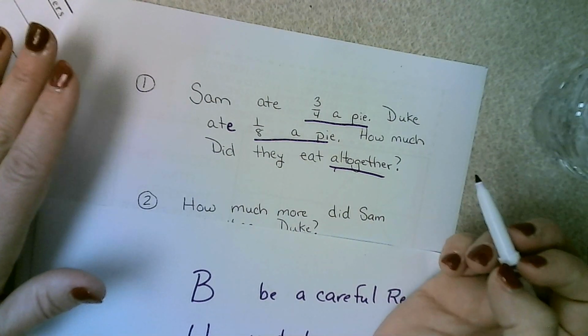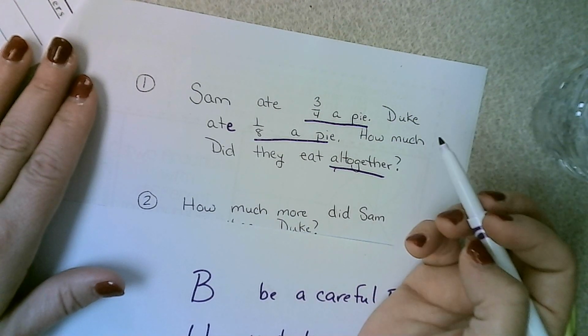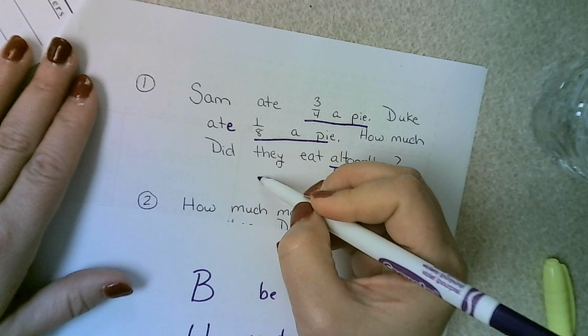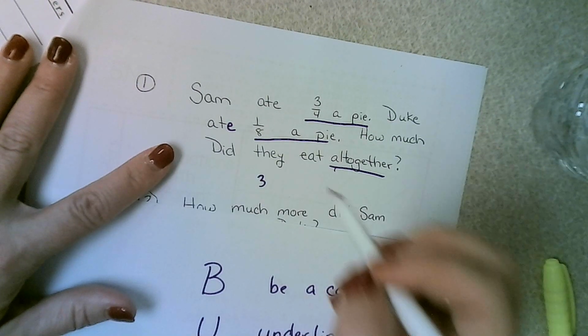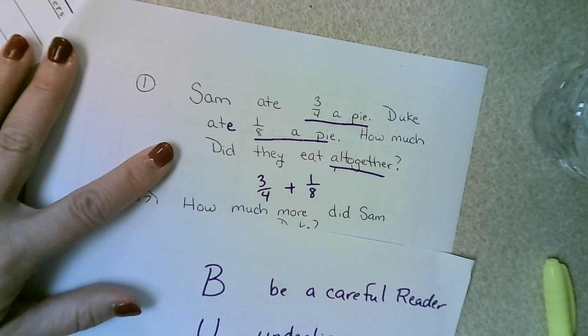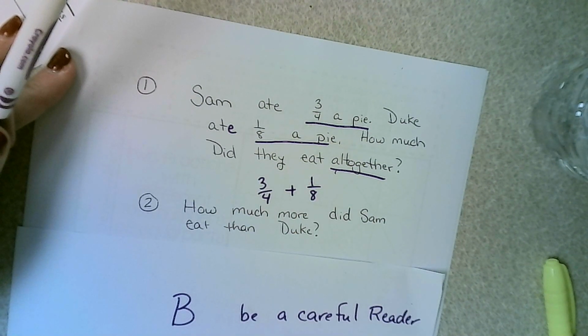When we did division, I had you write words or initials to say what's dividing. But with this, I don't care. Just rewrite the equation, 3/4 plus 1/8. Now, do you have room to work it out here?